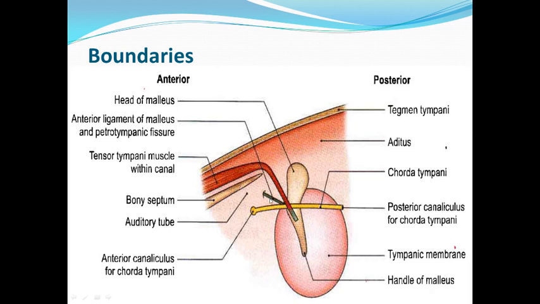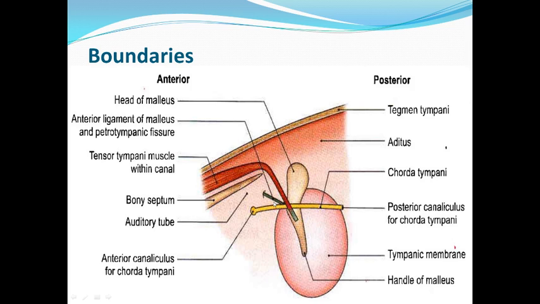It lodges the anterior process or anterior ligament of the malleus and transmits the tympanic branch of the maxillary artery. The tympanic branch is not visible here, but you can see the anterior ligament of the malleus and the petrotympanic fissure.